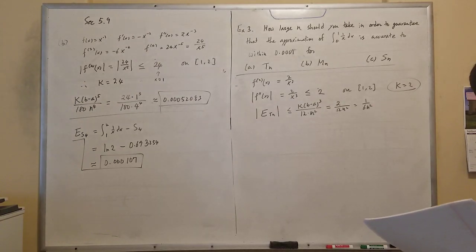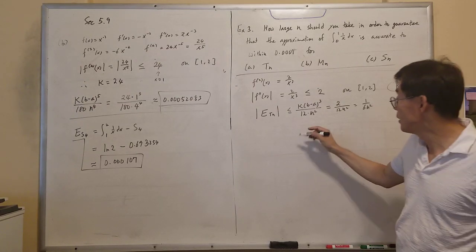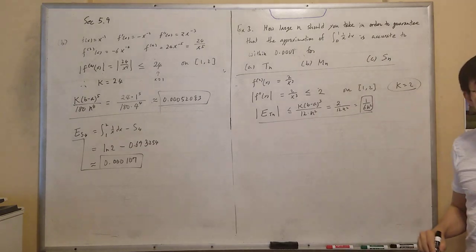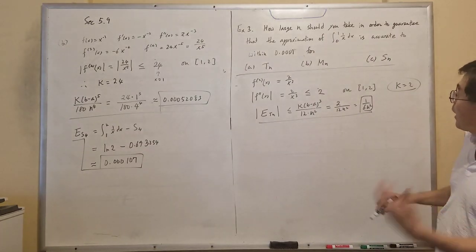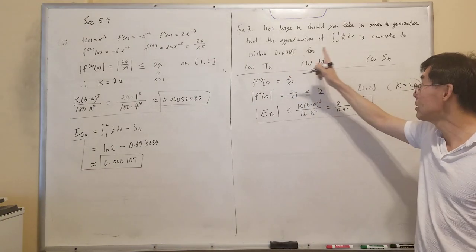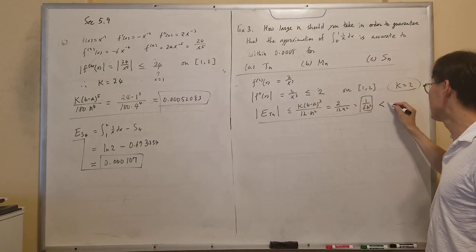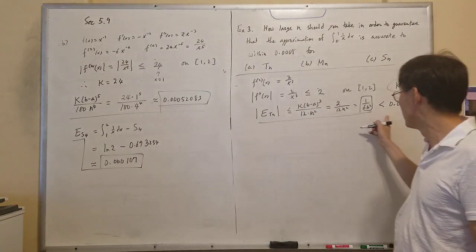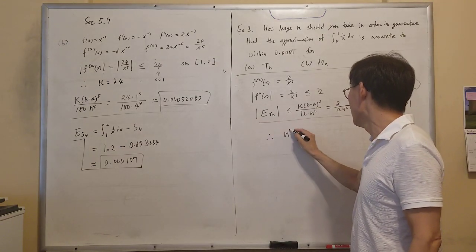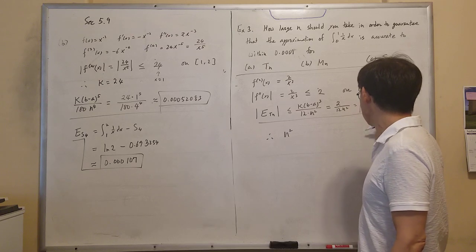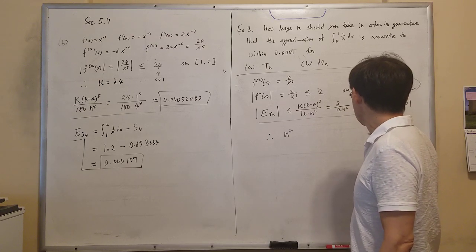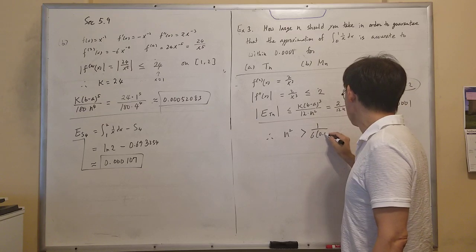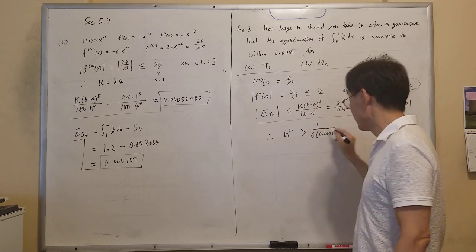Now this is the maximum possible error. In order to guarantee that our error is less than or equal to 0.0001, our maximum possible error must be less than or equal to this. We're trying to be conservative here. Which means n squared, multiplying both sides by n squared, is greater than 1 over 6 times 0.0001.